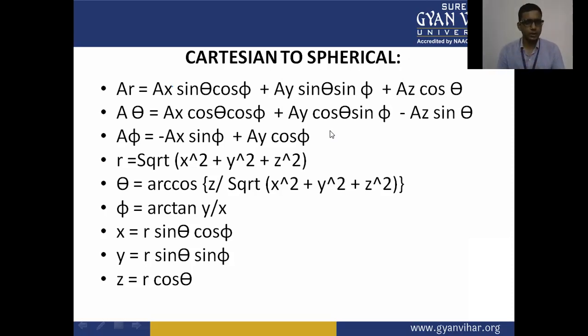The vector components in r, theta, phi are given by the above three equations, and the next three equations show the r, theta, phi point, a scalar point in the spherical coordinate system, and x, y, z is the point in the Cartesian coordinate system with respect to the spherical coordinate system. So this is the relationship or transformation from Cartesian to spherical and spherical to Cartesian coordinate system.